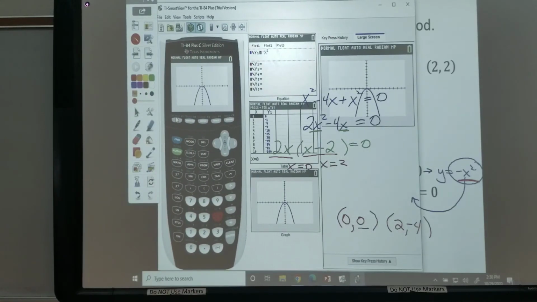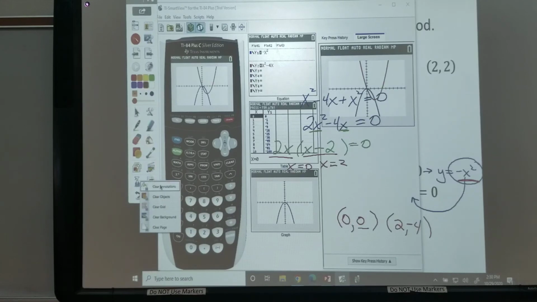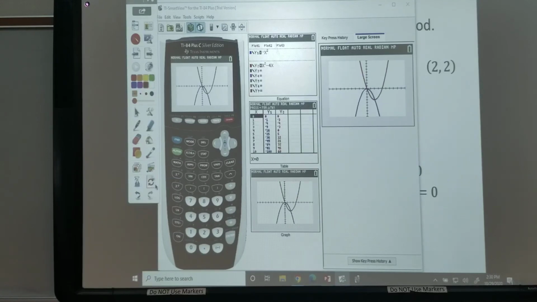But I'm going to go back to y equals, and I'm going to type in the second equation, x squared minus 4x, and hit graph again. And you'll be able to see, I know there's a lot going on here, so I'm going to clear these annotations for a moment.